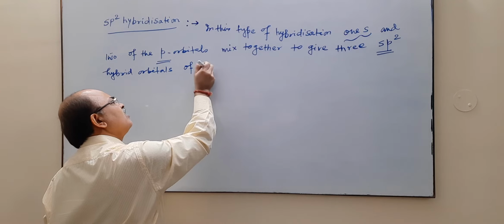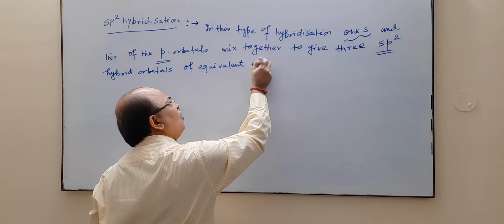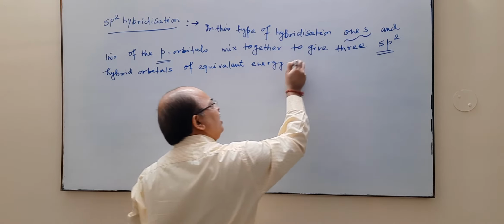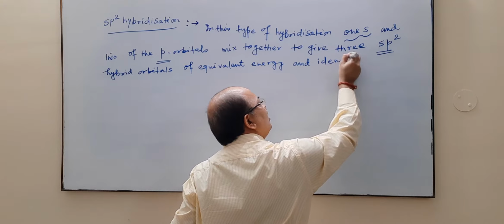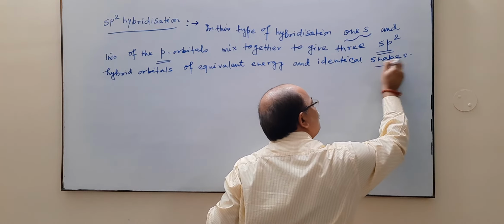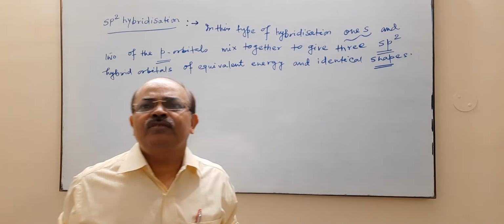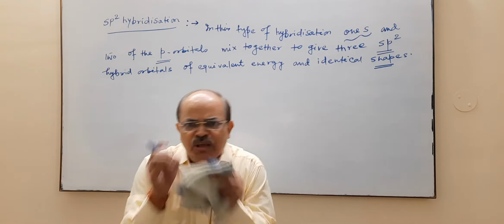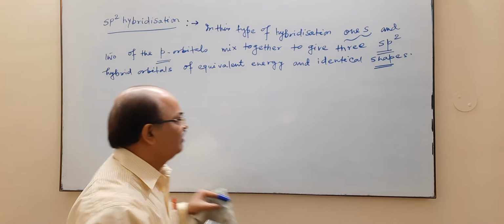of equivalent energy and identical shapes. So all your 3 sp2 hybrid orbitals are of the same energy and the same shape.